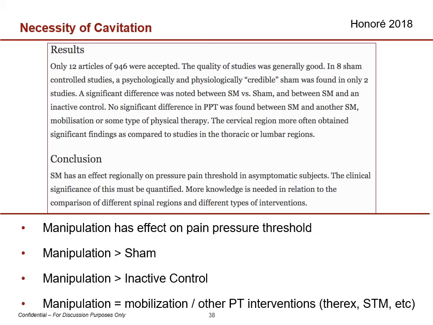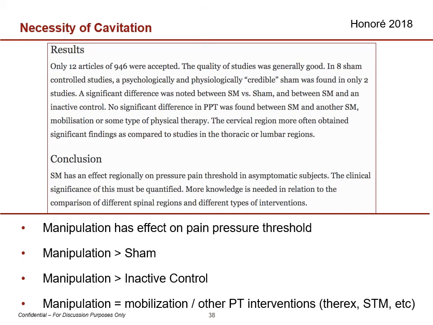Well, manipulation has an effect on the pain pressure threshold. Okay, so it has an effect on the PPT. They found that when a manipulation was compared to a sham, meaning that they put the patient in the same setup of the manipulation, but an audible cavitation was not heard, the manipulation had better outcomes.